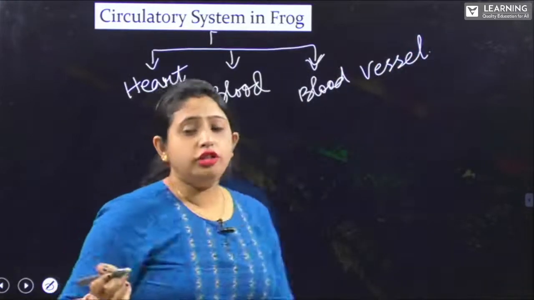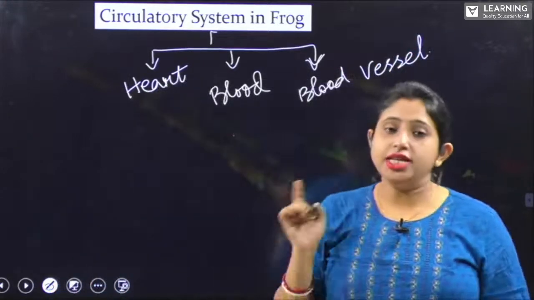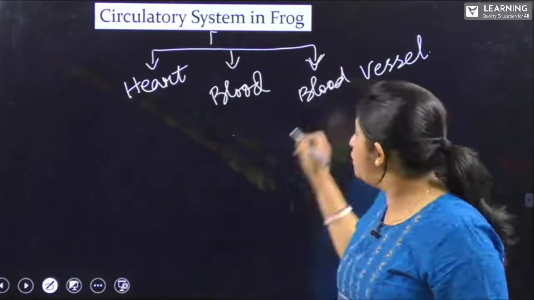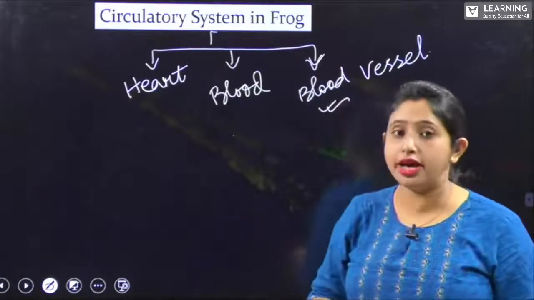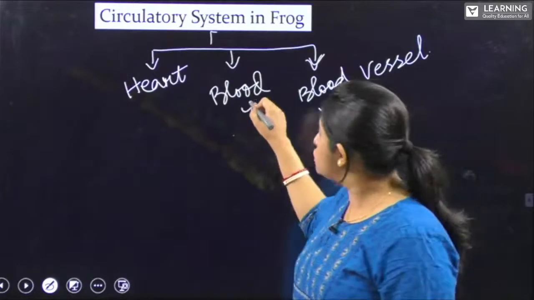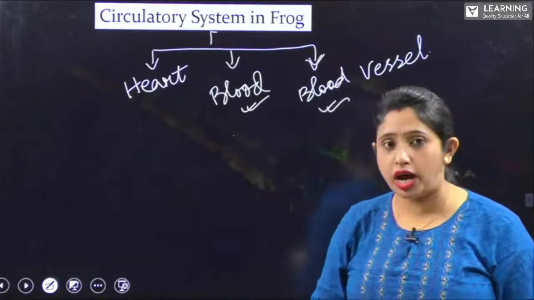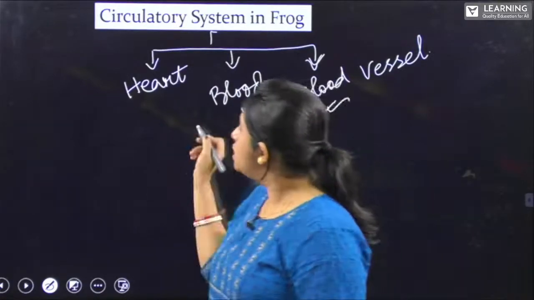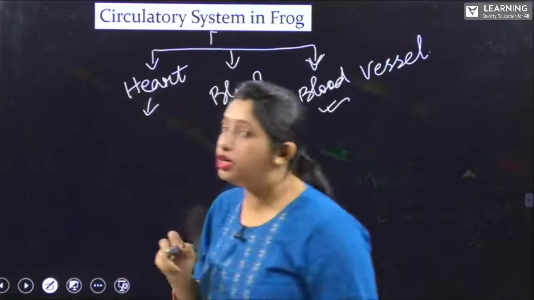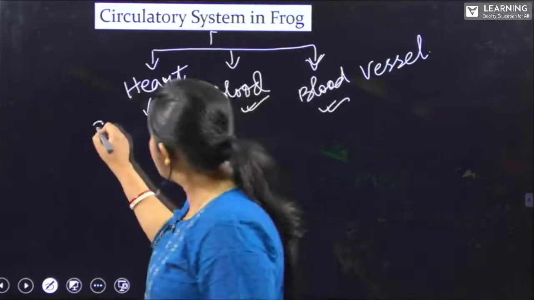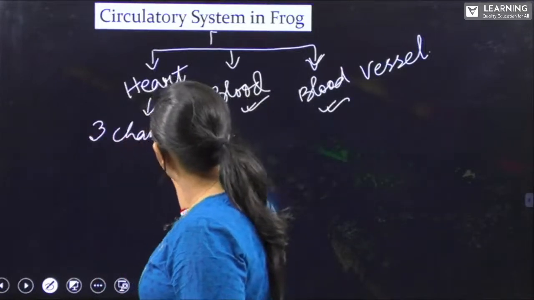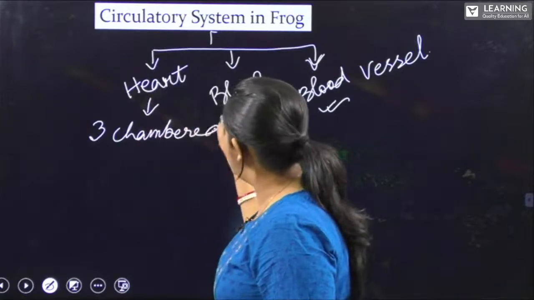So, do the frogs have blood vessels? Yes, the frogs have blood vessels. They also have blood, and they also have heart. So, the heart in case of the frog is a 3-chambered heart.